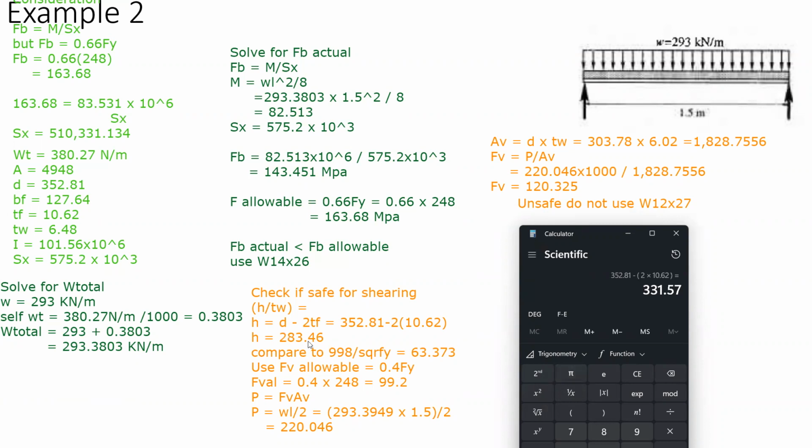So this would be 331.57. And this is now 331.57 divided by TW 6.48. 51.168.